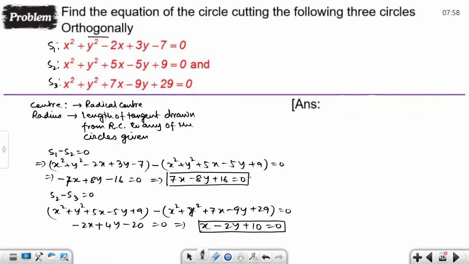Now, if I solve these two radical axes, we are going to get the radical center, which is nothing but the center of our required circle. So let me solve these two equations. This is the first one, and the second one I am multiplying with 4.